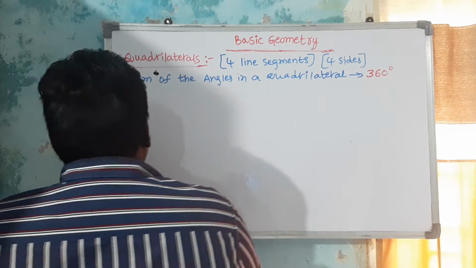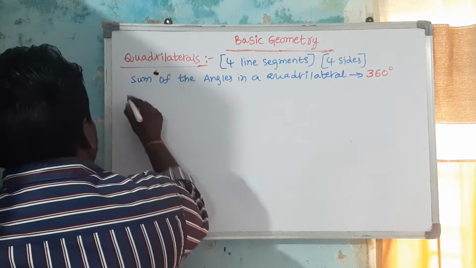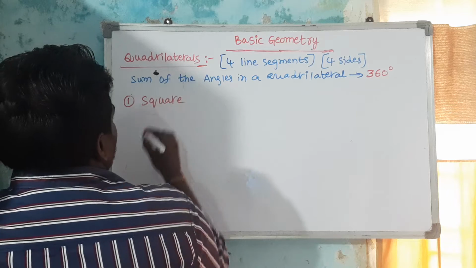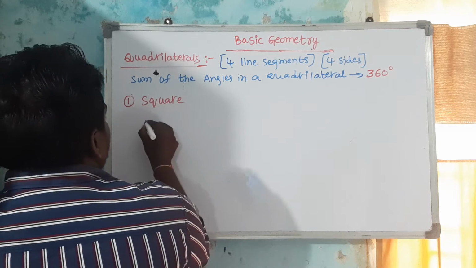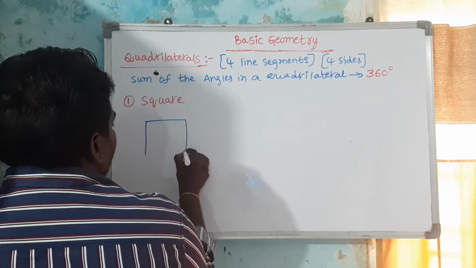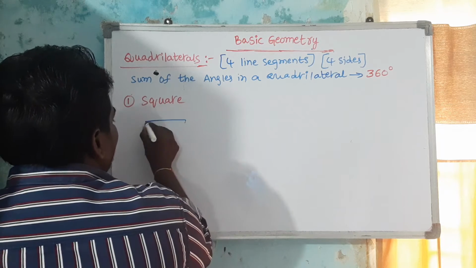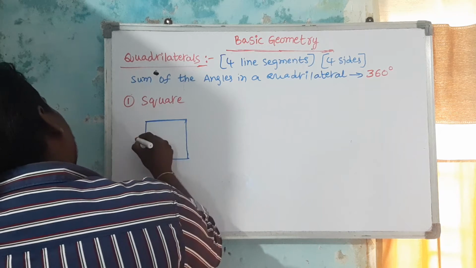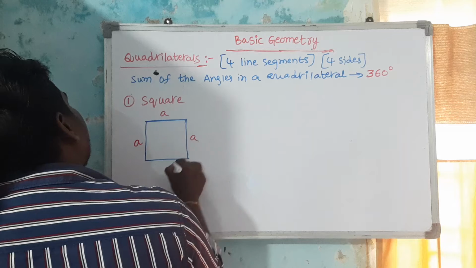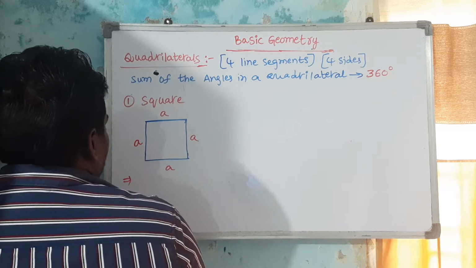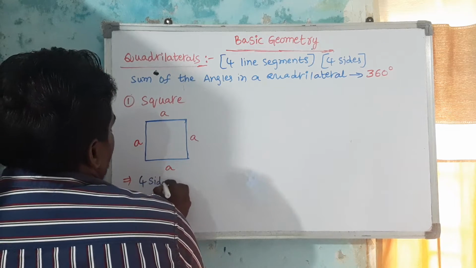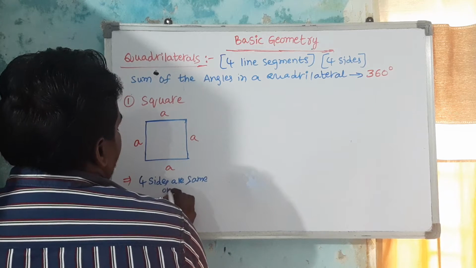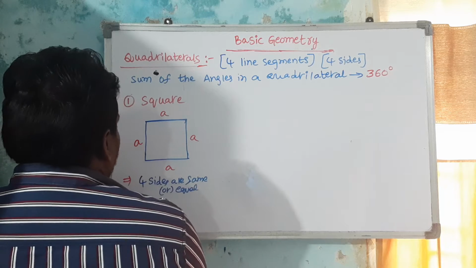First of all, the first quadrilateral is the square. A square has 4 sides that are equal, that is, the lengths of all 4 sides are the same.